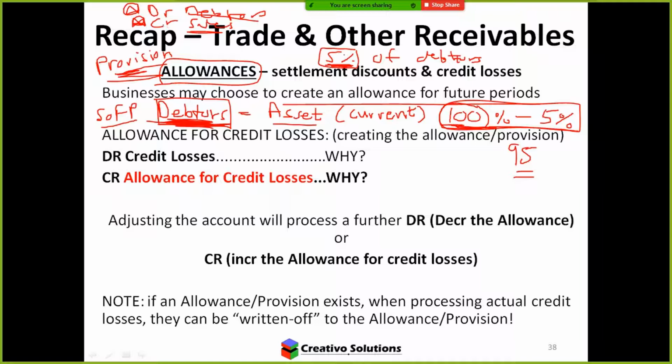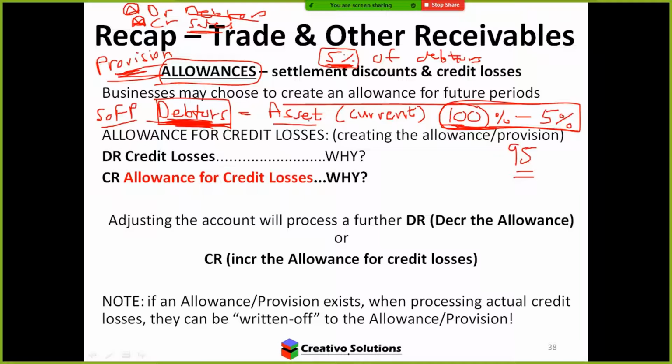Which business wouldn't want to show more debits for assets and more credits for income? It's almost a no-brainer for a company to choose to show more income and to show more assets. But the problem with that is you have to reliably estimate the actual debtors that are going to be shown or disclosed on the financial statements.